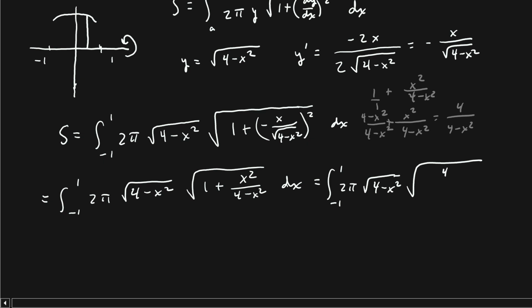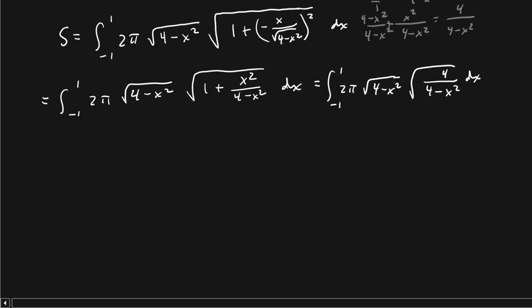All right, so that's going to be 4 over 4 minus x squared, dx. So this is the integral from negative 1 to 1, 2 pi square root 4 minus x squared times, now look at this, the square root of 4 is 2, and then the square root of the denominator is just square root of 4 minus x squared, dx.